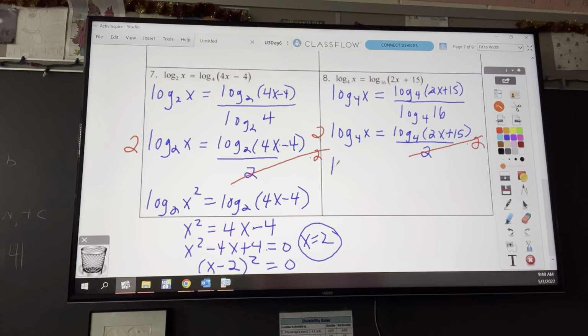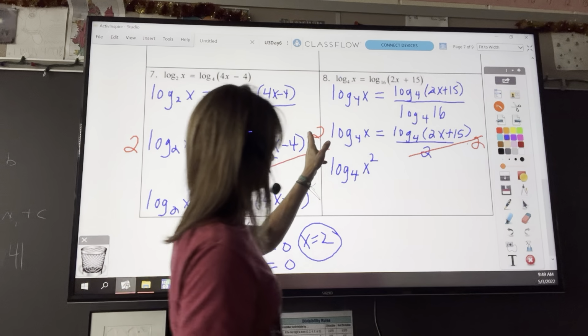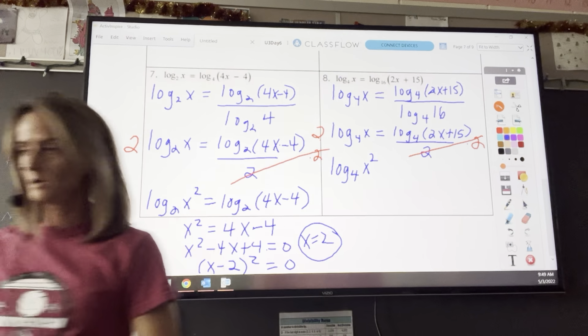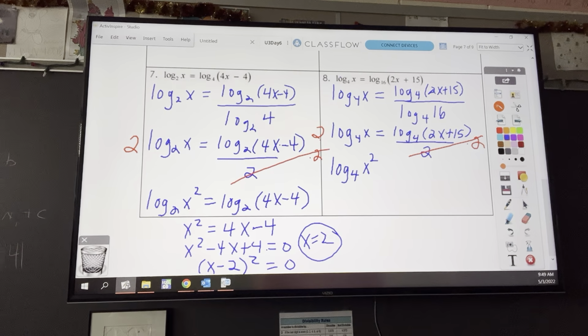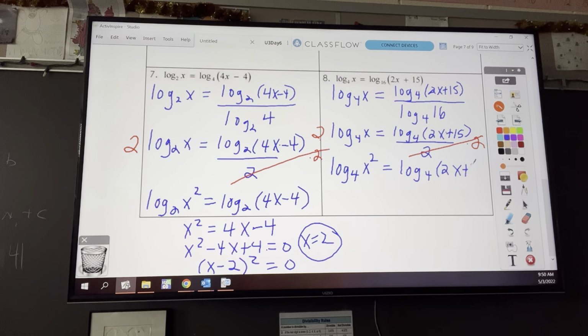So I'm going to move that 2, the leading coefficient, up to my exponent. So all I've done here is take this 2 and move it up. And I'm going to rewrite the other side, no changes. So now I can set x squared equal to 2x plus 15.